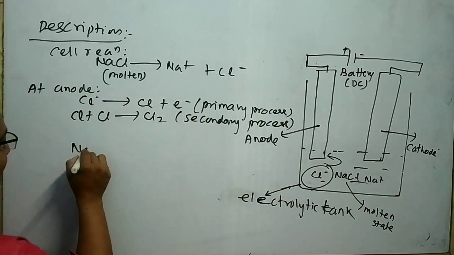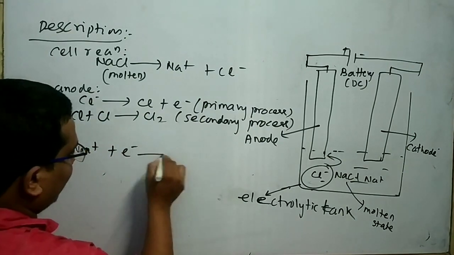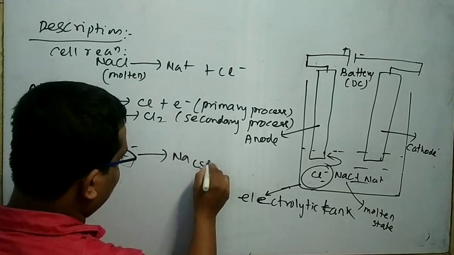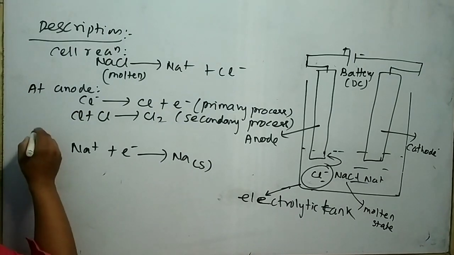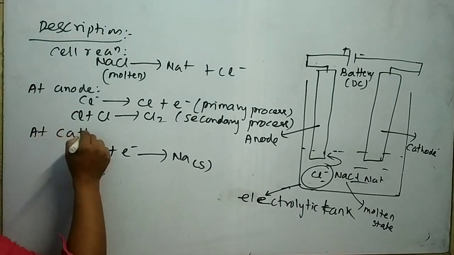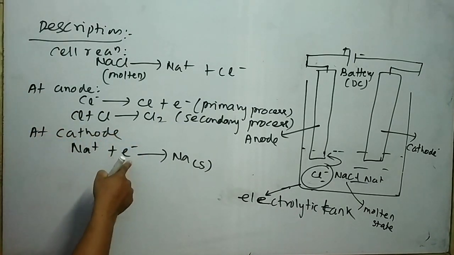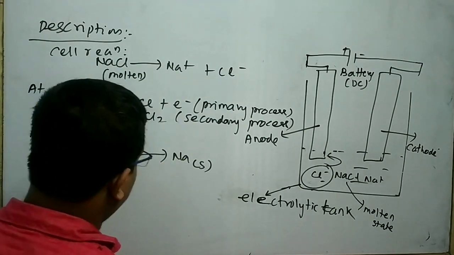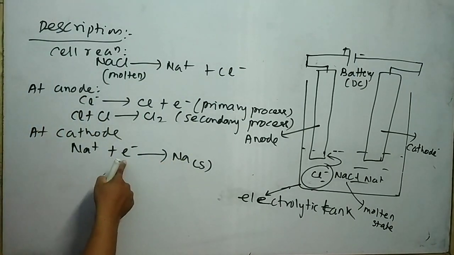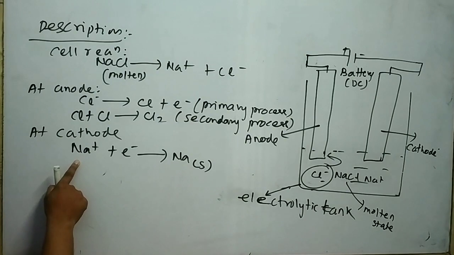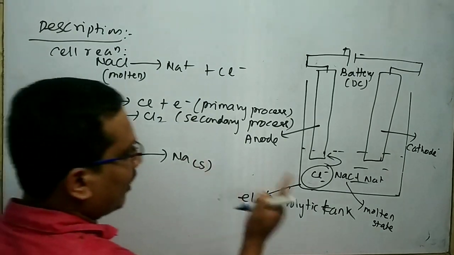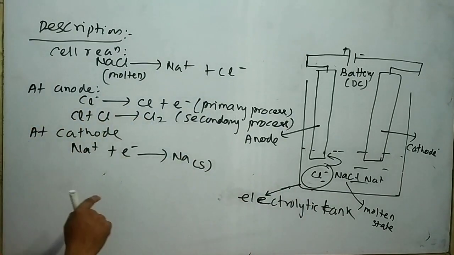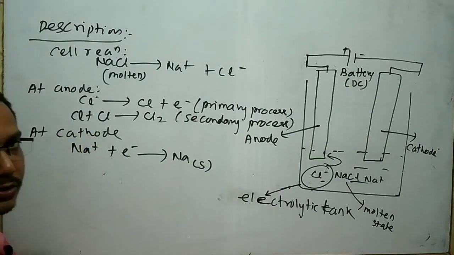That means Na+ + e- gives Na, which is solid. So we can write at cathode: Na+ + e- gives Na. Look at that, gain of electron takes place. So reduction always takes place at cathode.